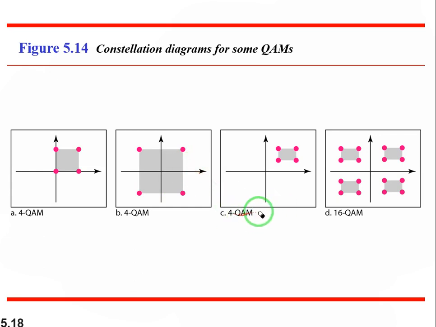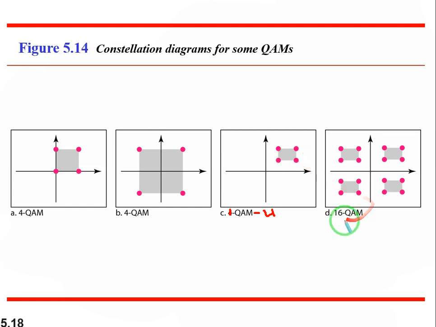But this one is not 4, this is just simple QAM, or we can say QAM 4. In this we can say that both levels of modulation are positive. Unlike quadrature, which can be positive or negative, here it will always be positive.